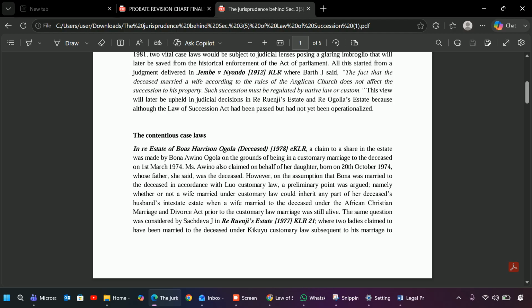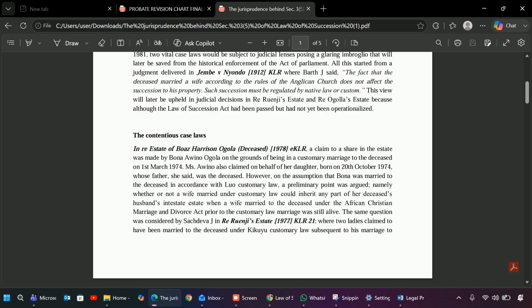However, on the assumption that Bona was married to the deceased in accordance with Luo customary law, a preliminary point was argued, namely, whether or not a wife married under customary law could inherit any part of her deceased husband's intestate estate when a wife married to the deceased under the African Christian Marriage and Divorce Act prior to the customary law marriage was still alive.